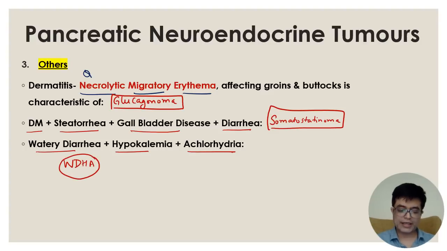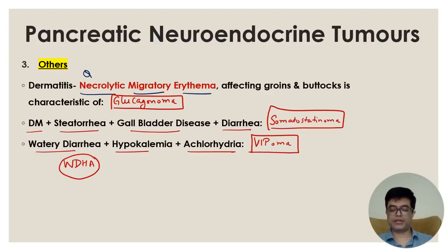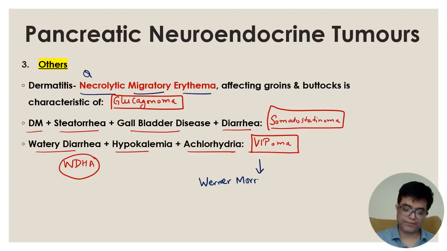These will be suggestive of VIPomas. There is excess VIP, vasoactive intestinal peptide, production in the patient. So VIPoma should be suspected. This syndrome is also called Werner-Morrison syndrome.